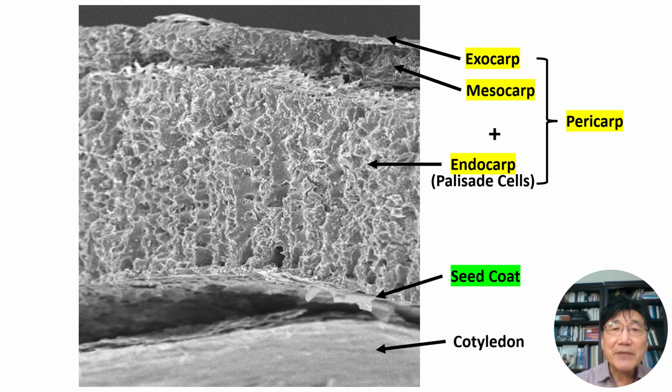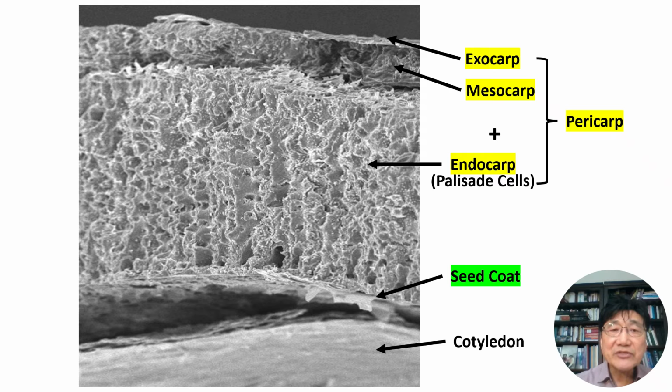This SEM micrograph is another shot of the pericarp of the fruit, which is comprised of 3 distinct regions. The outermost zone is the exocarp. It is a layer of sclerenchymatous cells. The second zone is the mesocarp, which consists of different types of cells.